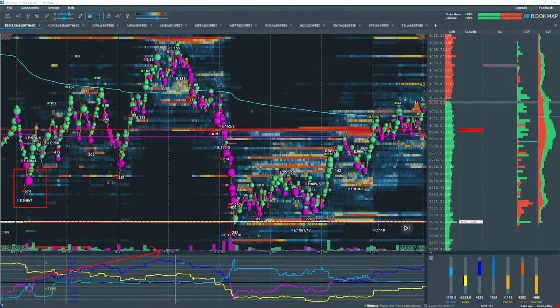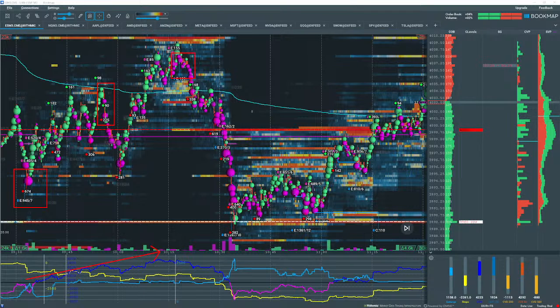And then you can see there were a couple of reversals here. Here's one at VWAP with a shift in order flow from bullish to negative, shown with the green dots, and a shift to the purple dots, and then one more move higher, and then the final shift from bullish order flow to bearish order flow.